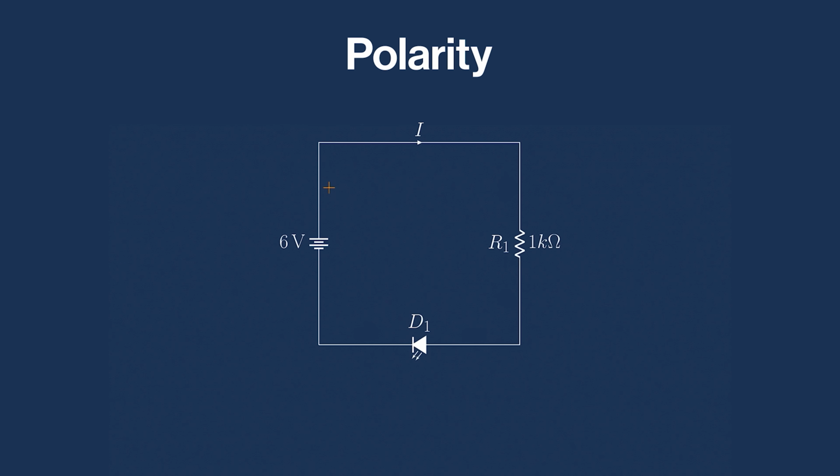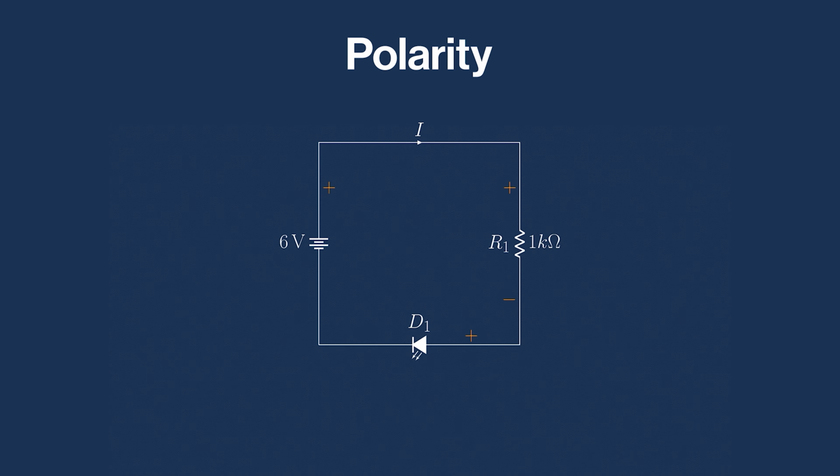So with that in mind, let's assign polarity to our components. Let's start off with our battery. We start from the positive terminal, giving us a positive polarity since we start at a higher potential. For the resistor, the side current enters is at a higher voltage. The side it exits is at a lower voltage, and we know that because resistors eat up or use up that energy.